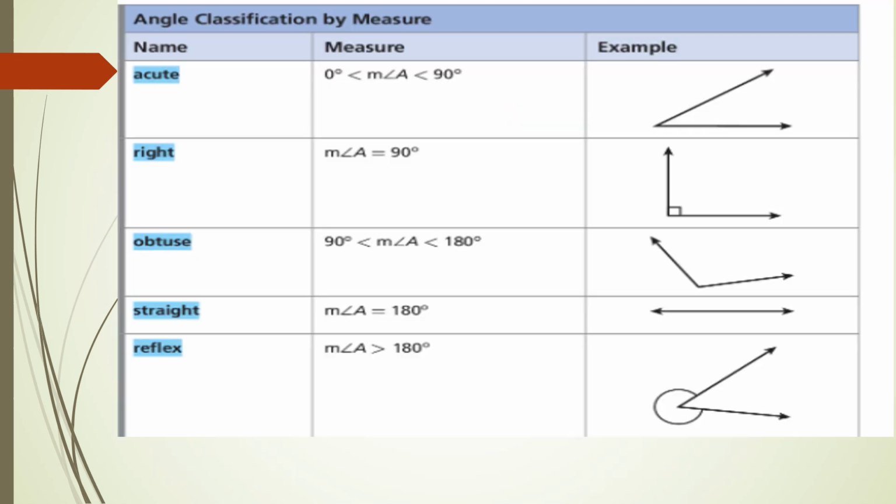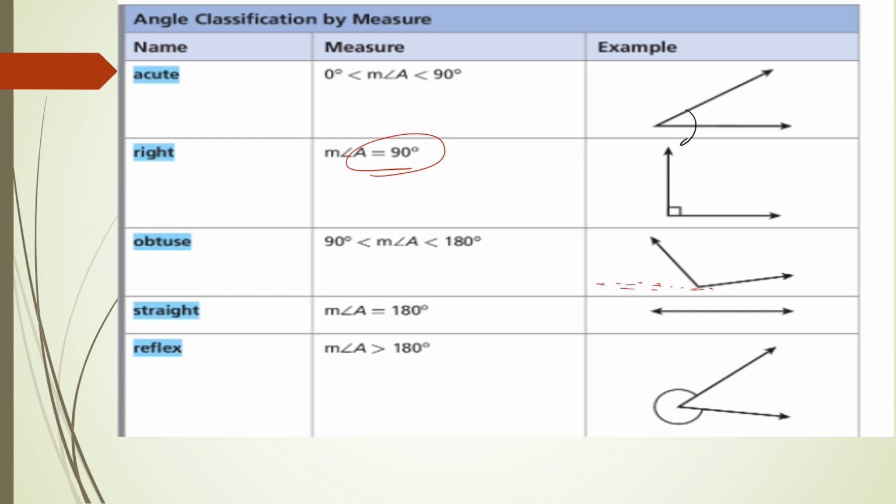An acute angle is an angle which is less than 90 degrees. We know that this is 90 degrees, so an acute angle is always less than 90 degrees, yani even 89.9 degrees is also an acute angle. A right angle is an angle measuring exactly 90 degrees. An obtuse angle is a measure greater than 90 degrees but less than 180 degrees.